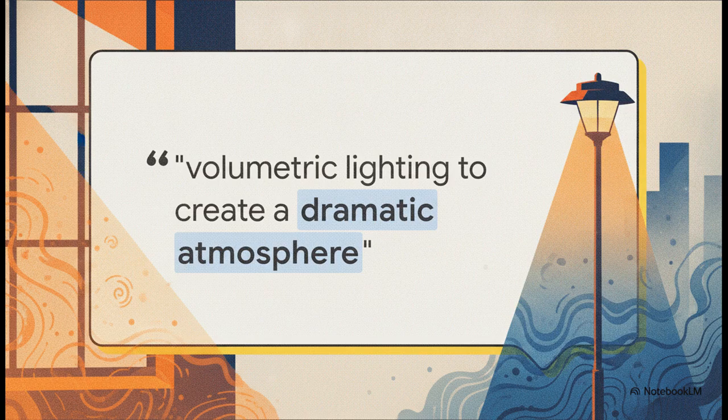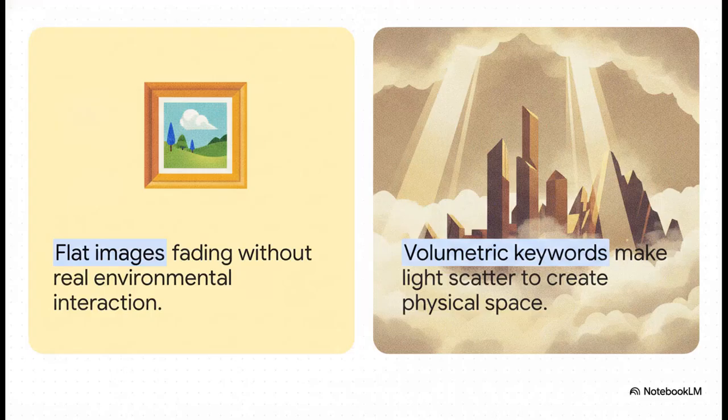You aren't just seeing the light hit an object, you're actually seeing the light travel through the air itself. Without these keywords, a city-to-sunset transition is really just two flat images awkwardly crossfading into each other. But throw in volumetric terms, and suddenly, the sunset's rays actually interact with the geometry of the city. The light scatters. It creates a physical space that you feel like you could walk right into. It's a total game changer.